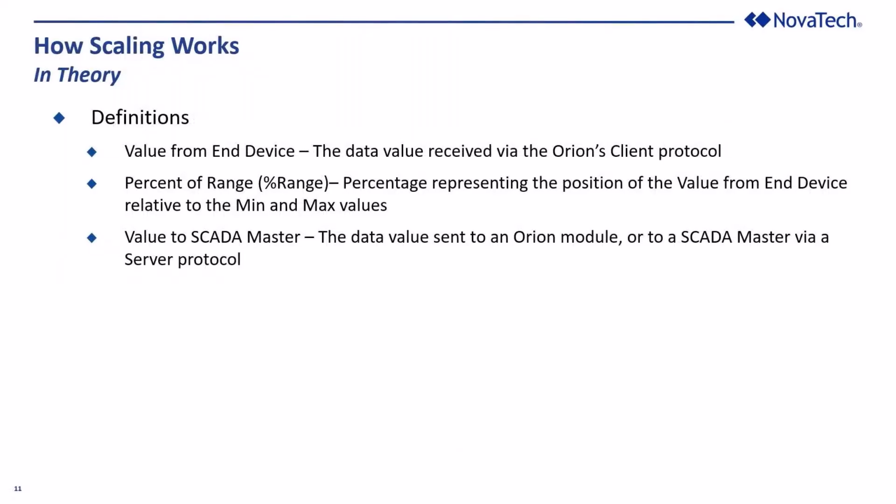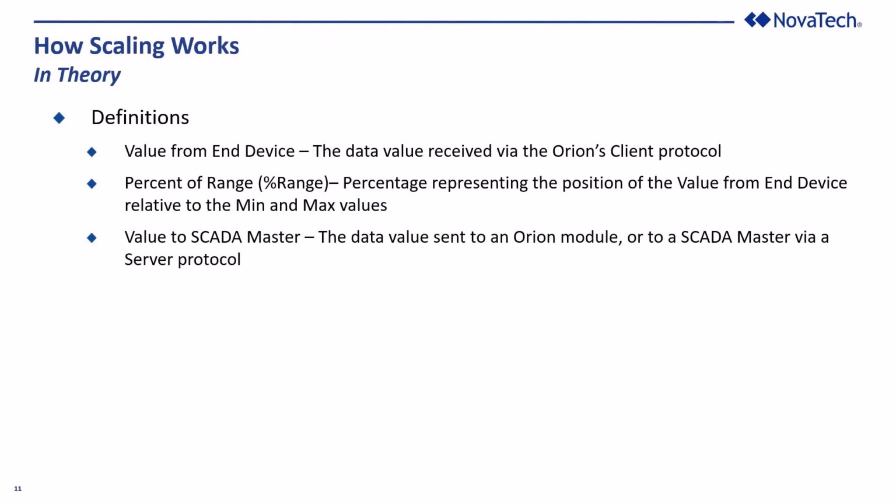So how scaling works in the Orion, we're going to go over some theory and some equations here. The definitions you need to be familiar with: value from the end device, in our frequency example earlier, that's the 11,995 integer. Percent of range: the database in the Orion stores a percentage that represents the position of the current value from that end device relative to the minimum and maximum scaling on that client port.